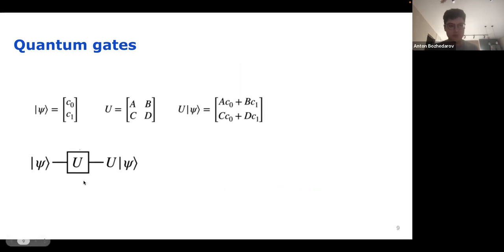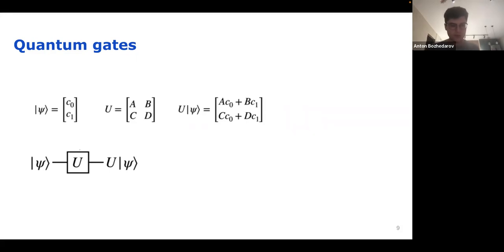When we draw the diagram, we start with an initial quantum state psi, and when we act on it with some quantum gate or unitary operator, it evolves and we get a new quantum state, U psi, which is also a quantum state, so it's normalized to 1.